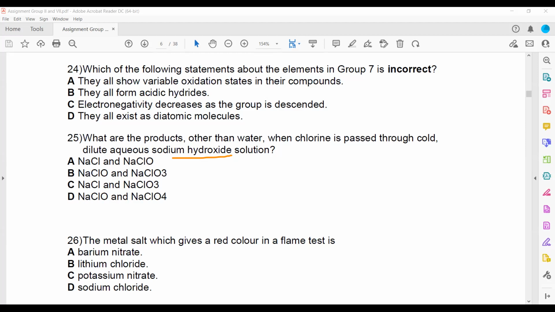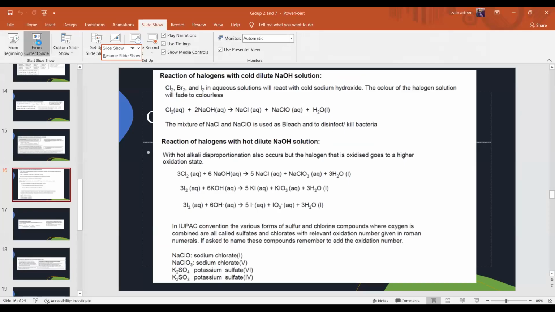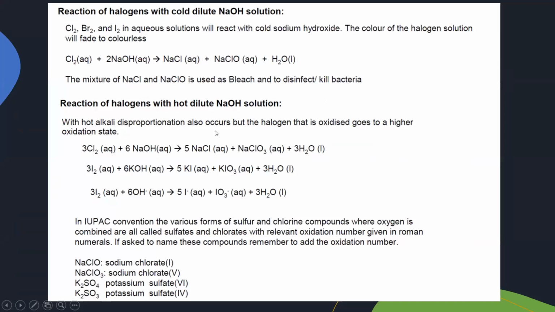So what are the products when we have cold? This is the reaction: reaction of halogen with cold sodium hydroxide.